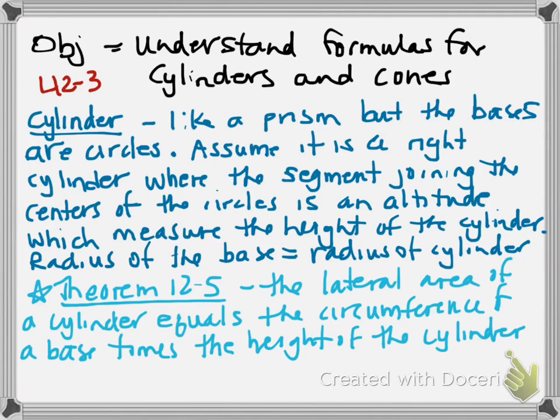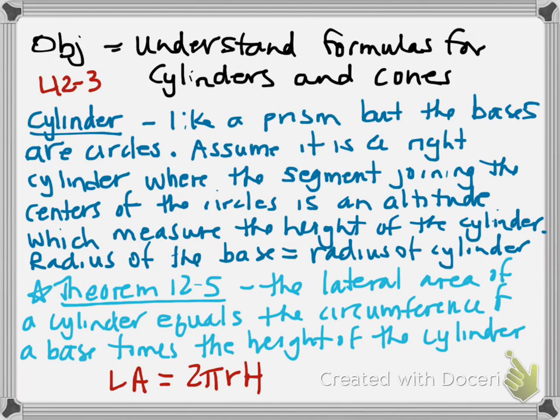So we've got lateral area is equal to 2 pi r times h. And again, we're using capital H to identify the height of the overall shape, whereas a little h might be the height of, let's say, a side. Okay, so I'm making that distinction. The book doesn't make it.